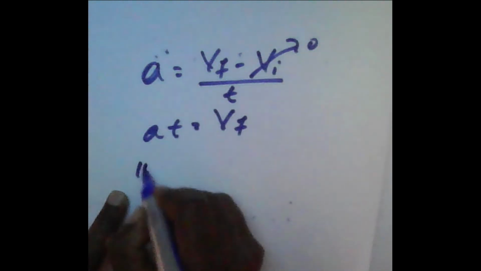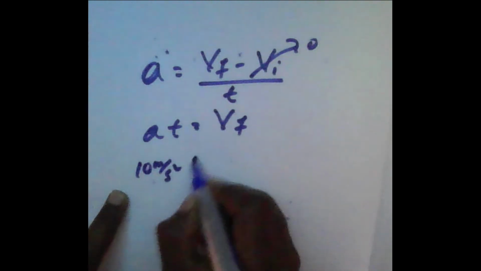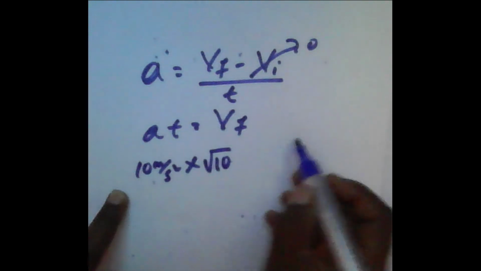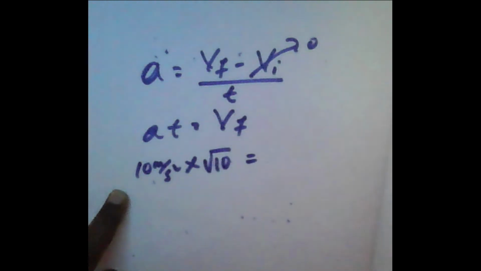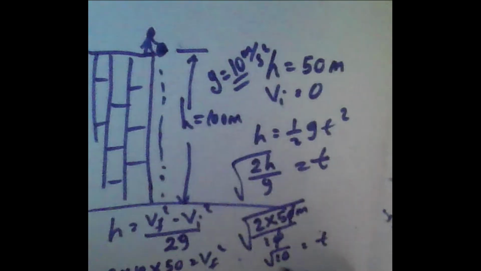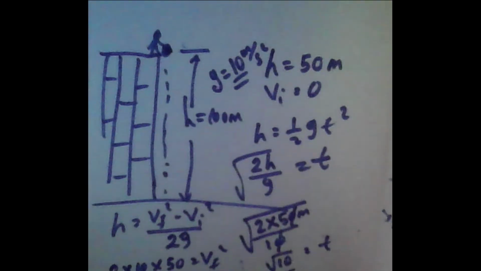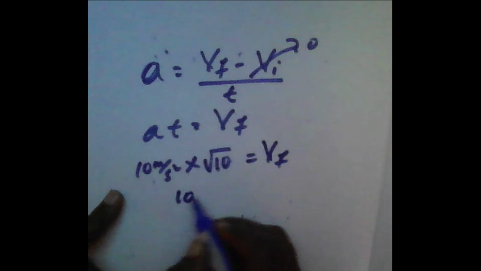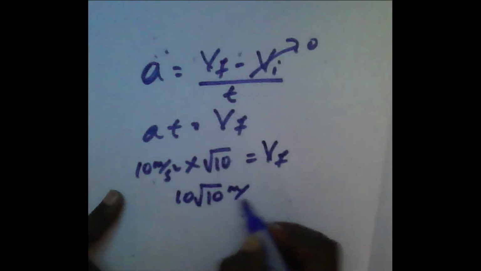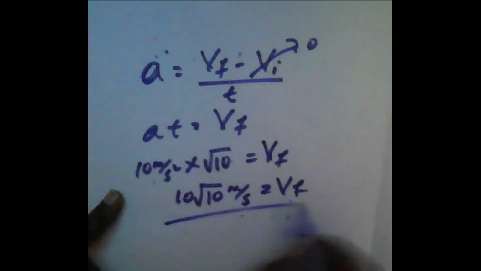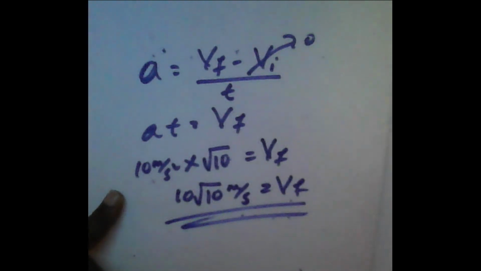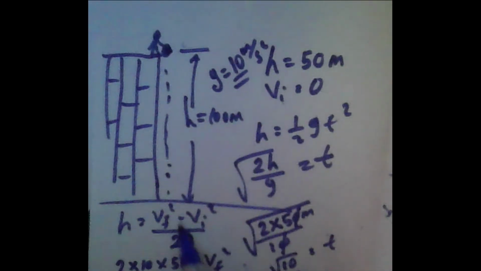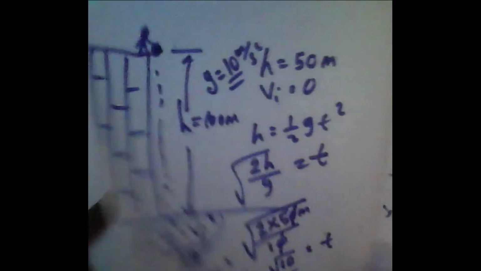The acceleration is 10 meters per second square, and the time is the square root of 10. So multiplying with the square root of 10, 10 square root of 10 meter per second is equal to v final, which is the other way of finding v final and is similar to the previous result. So you can use both formulas.